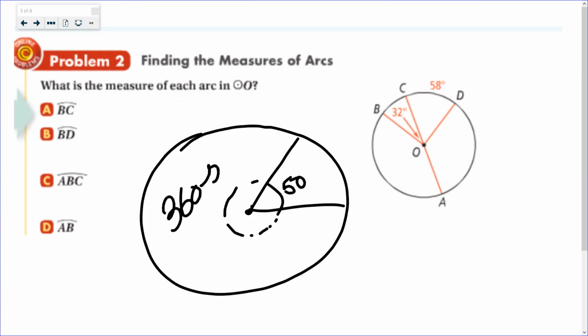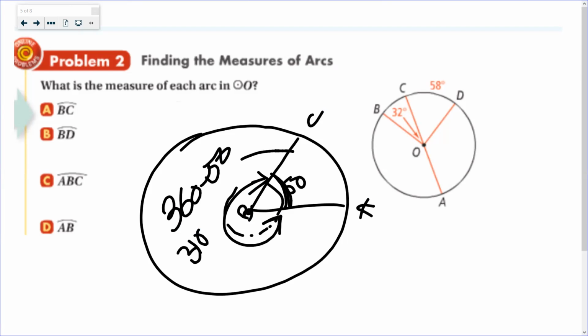Yes, all of us know that the measure of angles in a circle is 360. So if this angle is 50, then from this point to this point will be 360 minus 50, which is 310. So the measure of this big arc is 310.